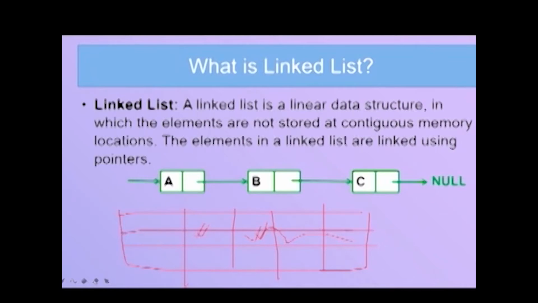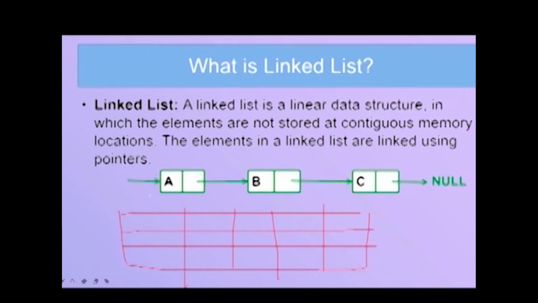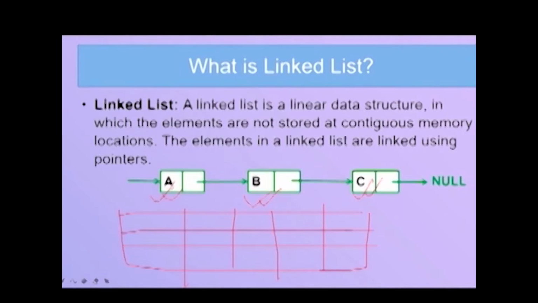When we create a linked list, we actually create nodes. We create first this node, then this node, then this node. Suppose this node is created in this memory location. After that, when we create node B, it can be created at any location, suppose in these locations.